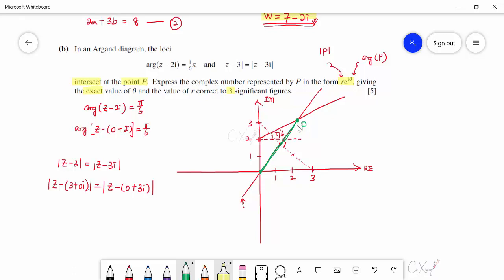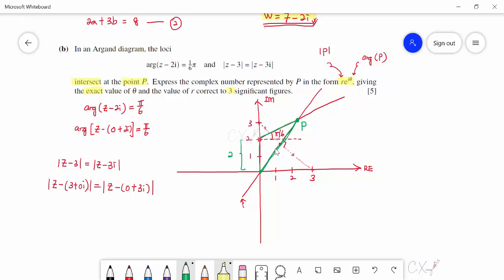All right. So to find out this length, maybe I will want to use this triangle. You can see that there is some useful information in your Argand diagram. So to find this length, I'm going to refer to this triangle. I know that this side is actually 2 units, which is quite straightforward.